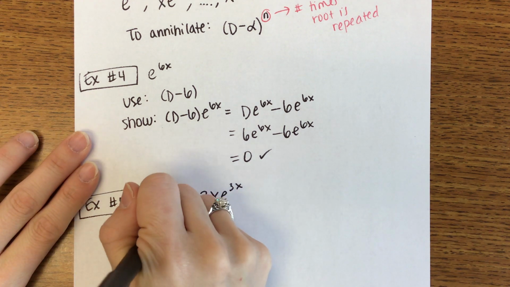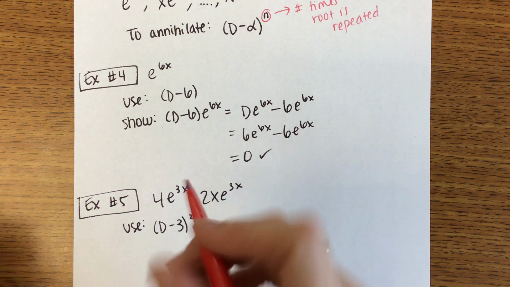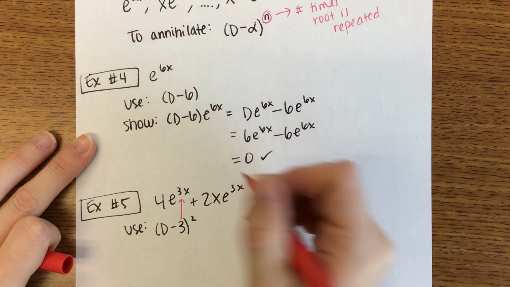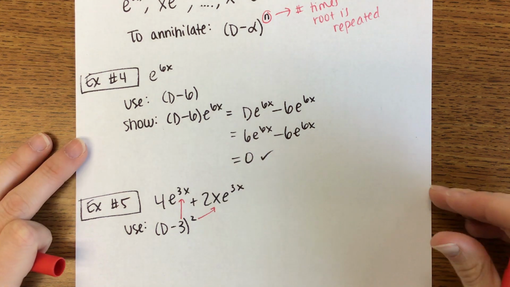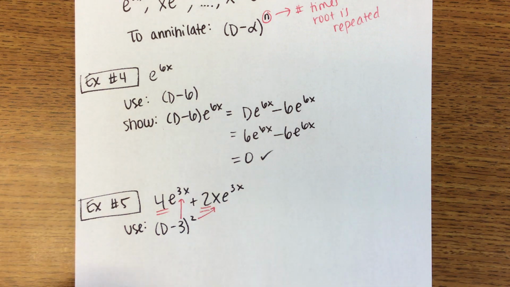D minus 3 squared. So the 3 comes from that exponent. The squared comes from the fact that the root is repeated twice. That 4 and that 2 we don't care about. Those don't have anything to do with our annihilator.